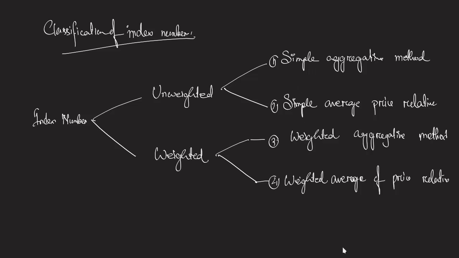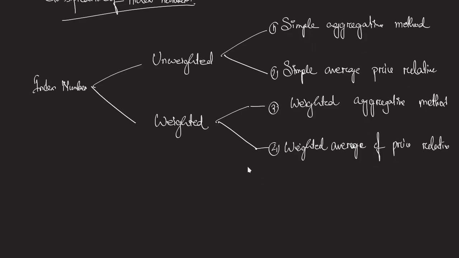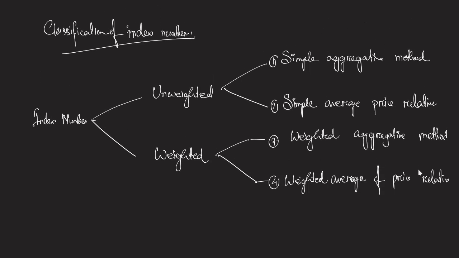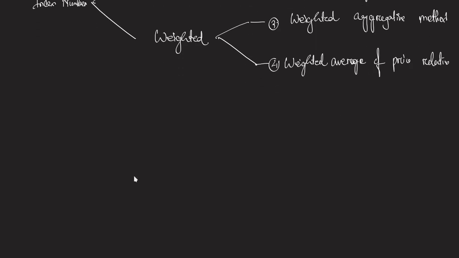These are the 4 different types of index numbers. Simple aggregative method and the others are basically different methods to construct index numbers. So প্রথমটো হল simple aggregative method, next হল simple average of price relatives, next হল weighted aggregative method, and then weighted average of price relative. Right, so we will start with unweighted index numbers.